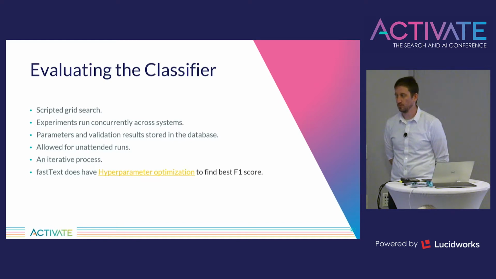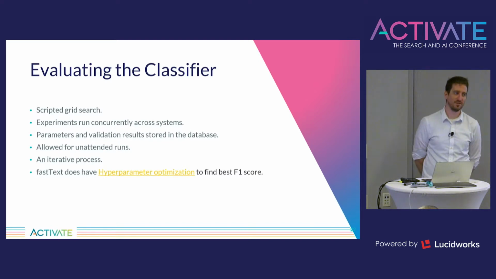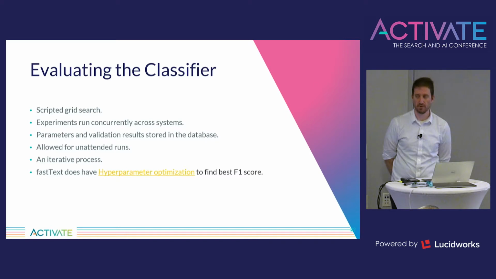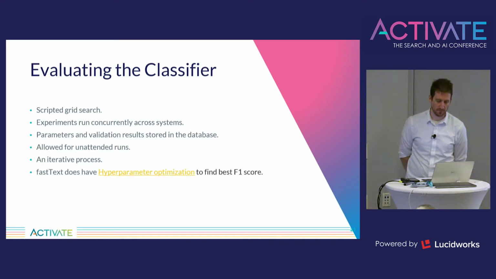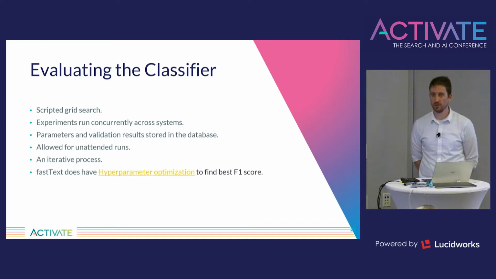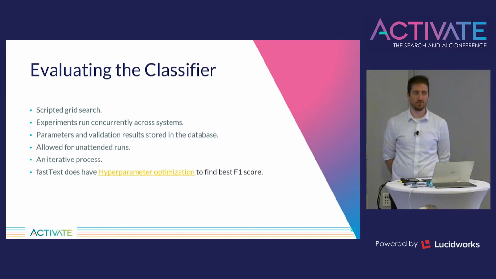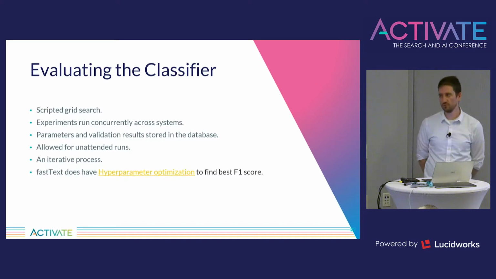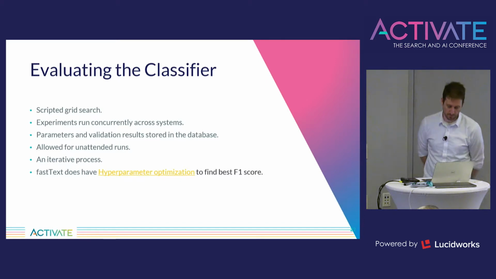The results were stored in a database, which allowed us to come back and look at them later. Again, fastText is pretty quick at running. For our 50-some thousand documents, training just took a few minutes, so we were able to go through these at a pretty quick pace and get good feedback.